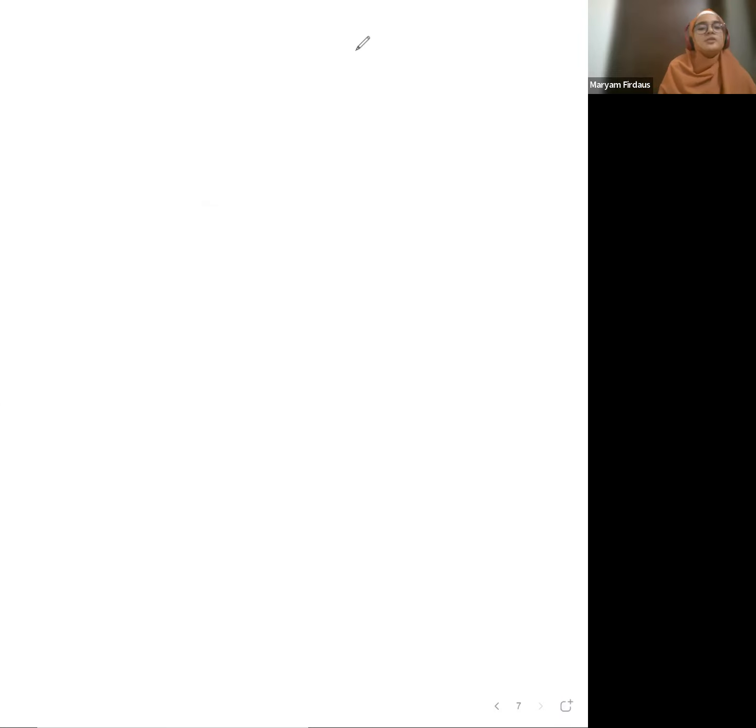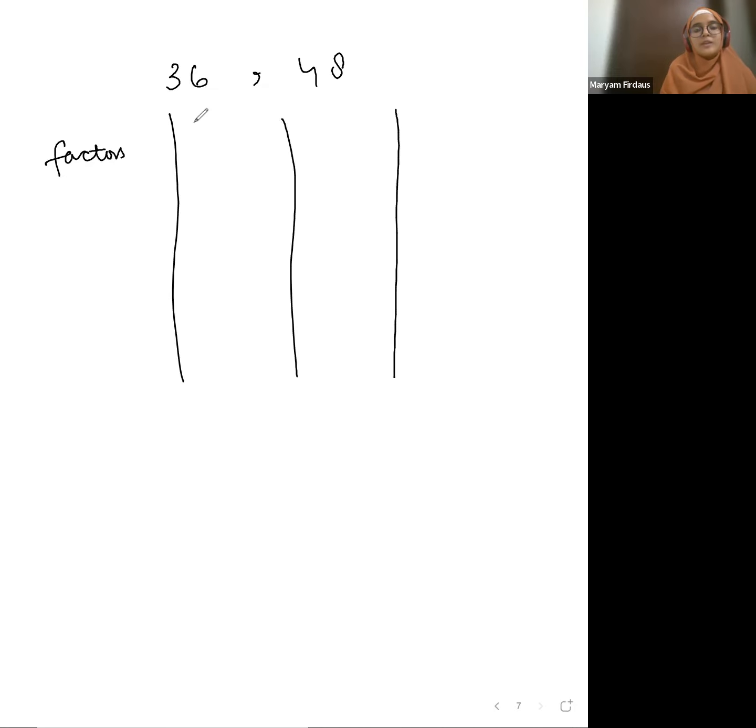Or if you just look at it, if I give you some big numbers, like let's say 36 and 48, I'm going to write factors over here, factors of 36 and 48. Then you instantly know that 2 is a factor of both of them. Why? Because this is an even number. This is also an even number.